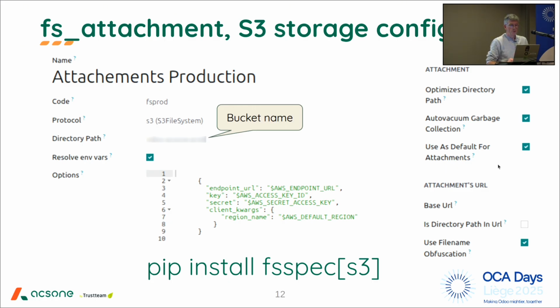Another option to use is use filename obfuscation, which is the mechanism where you get the hashes of the files as file names. And that's basically it. You need to install the S3 backend of the fsspec library, which you can do with a simple pip install. And basically, there you go. That's all you have to do to start using it.